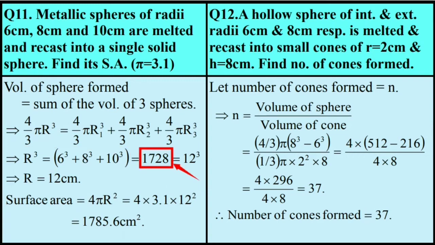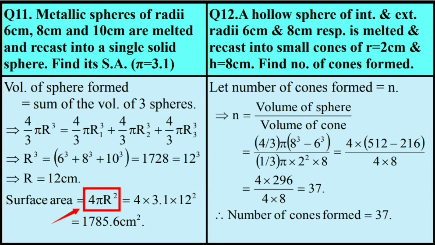The value obtained, 1728, is the sum of 6 cube, 8 cube and 10 cube, and this value is the cube of 12, that represents r cube. Hence, the radius of the bigger sphere formed is 12 cm.